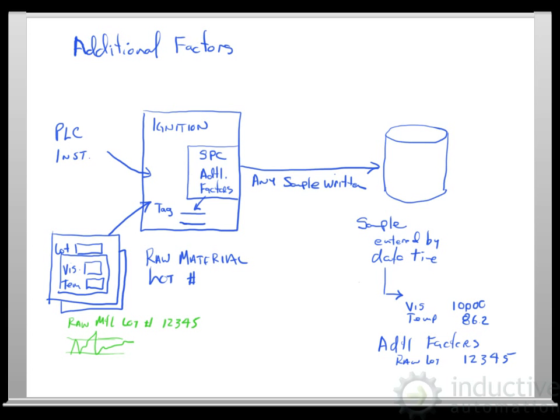Maybe I have 100 different lot numbers, I don't know. It will go out, query the database with that criteria. It will only limit and pull back the sample data with that lot number and then display that in the control chart. So I can have any number of additional factors added, and I can filter that data by that lot number or report by that lot number as well.